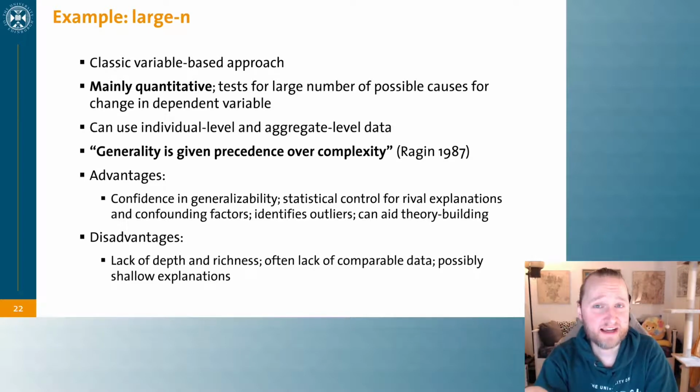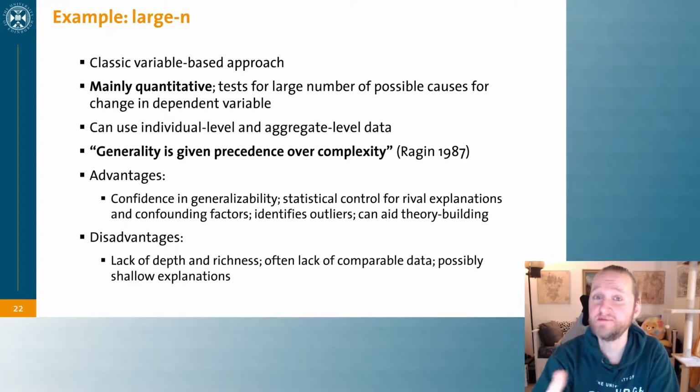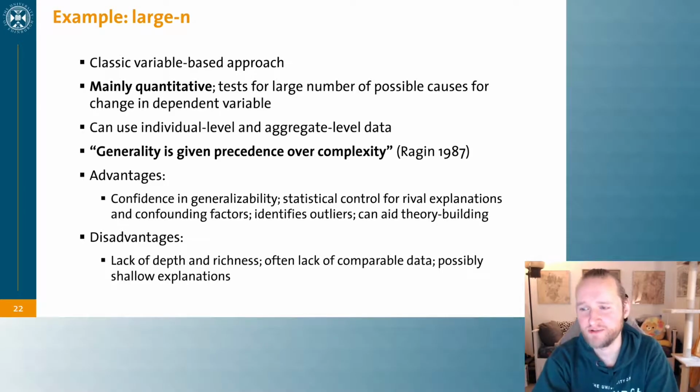The advantage is that we can generalize really easily. If we do find a factor that does play a role for the dependent variable in a large number of cases, then we can be pretty sure that there is actually something going on. If we just find one factor being correlated with the dependent variable in 3 cases, let's say 3 countries out of 193, then we probably aren't quite as sure about that.